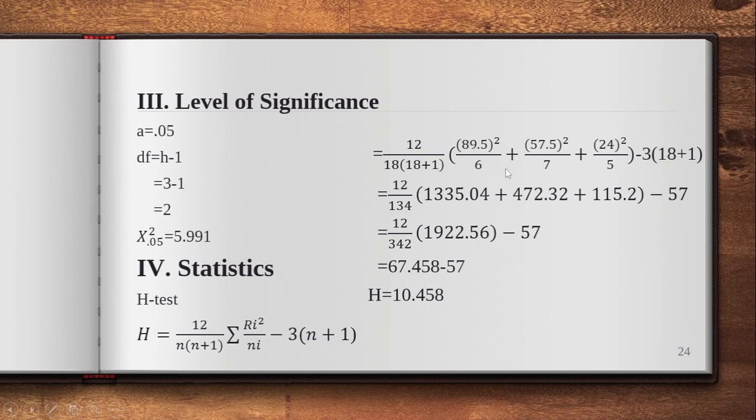Saan po ito galing? Yung 6, 7, and 5. Ito po yung number of method. So, yung sa method 1 po, we have 6, and the method 2, we have 7, and the last method 3, we have 5, sorry. And then 18 plus 1.